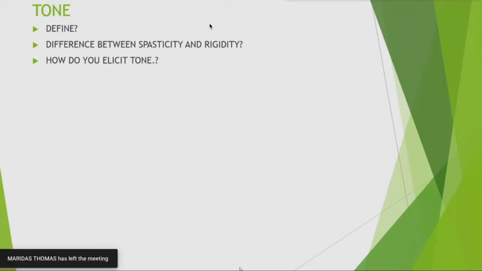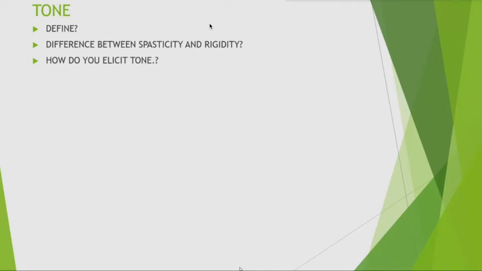And how do you elicit spasticity and how do you elicit rigidity? Fast movements are done in spasticity. Correct.